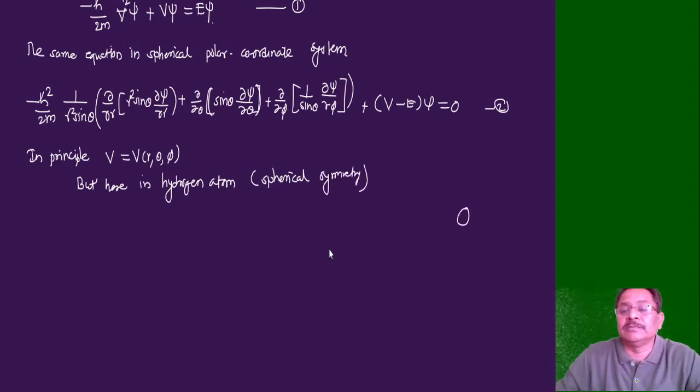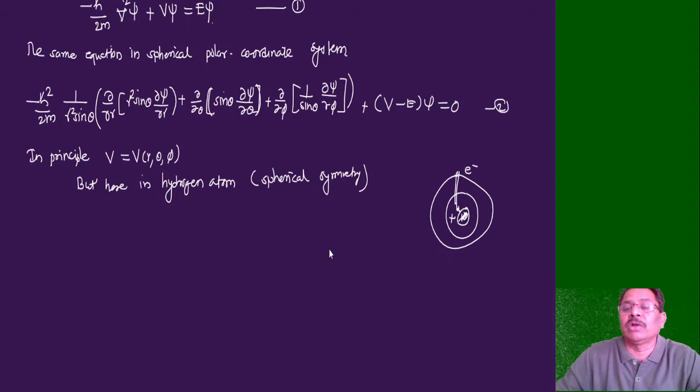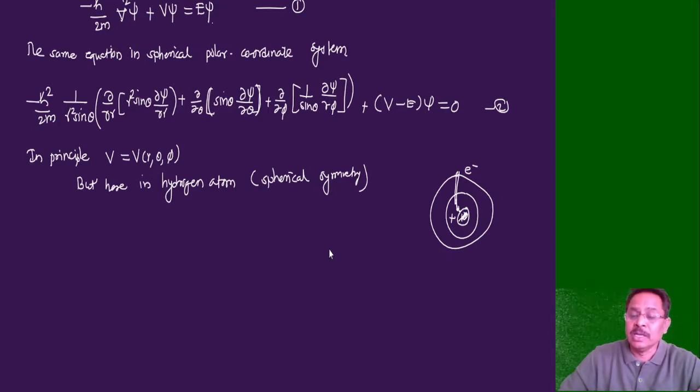This is the atom or the nucleus, and here these are the orbits. The potential of the positively charged nucleus with the negatively charged electron, whatever potential exists between this electron either in the first orbit, second orbit, etc., is just dependent upon the distance from the nucleus. That's why it is called an r dependent potential.